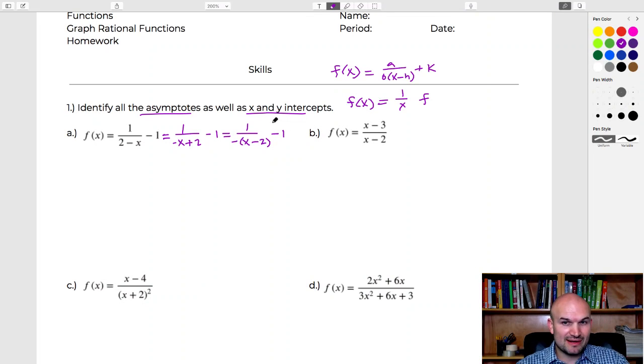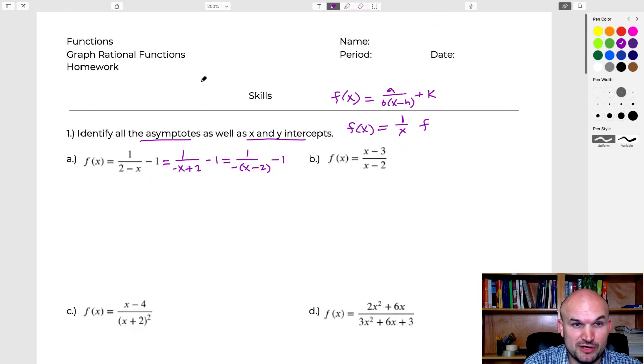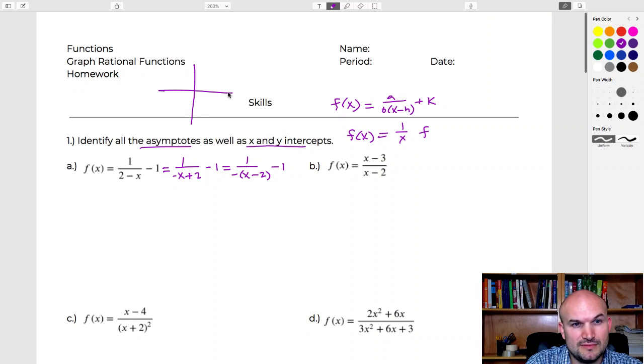All right, so now identify my transformations. Remember, h shifts the graph left or right, k shifts the graph up or down. It's also important to understand what the parent graph is here. So just to do a rough sketch, we have this little hyperbola. The important thing is there's a vertical asymptote at x equals 0 and a horizontal asymptote at y equals 0.